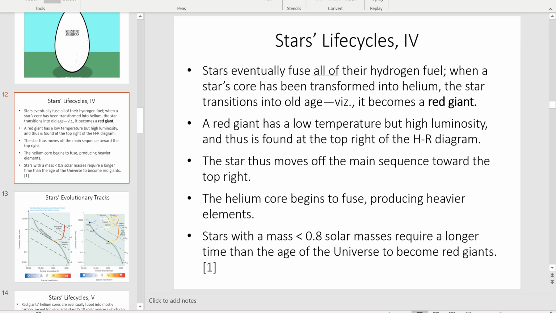Let's talk about what happens when a star runs out of its so-called fuel. I'm going to use the term fuel, although I want to emphasize here that usually fuel is used to refer to some liquid, or it could be solid fuel that is used in chemical reactions.